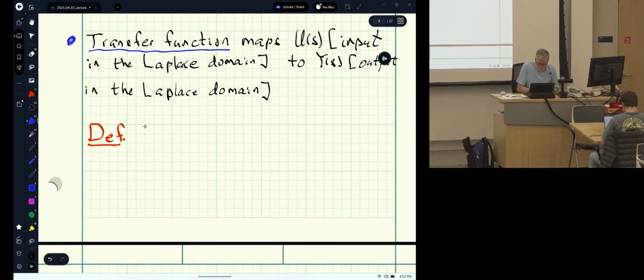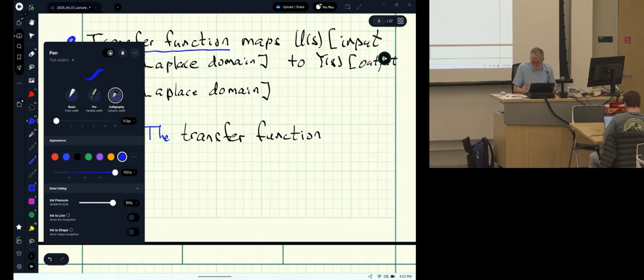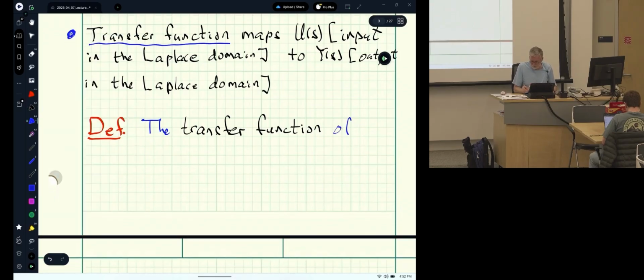Okay, so definition. The transfer function of the input output model.